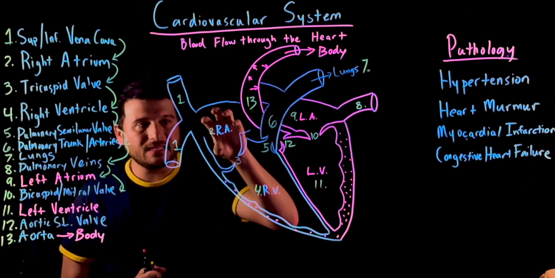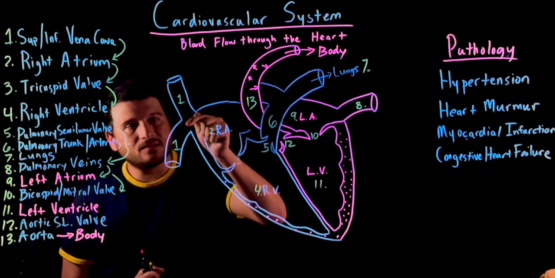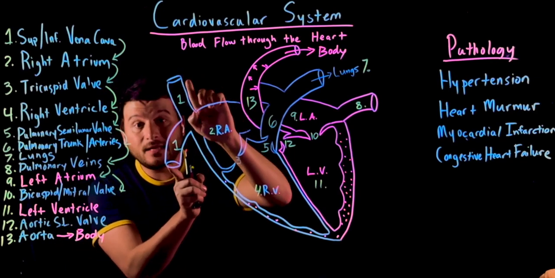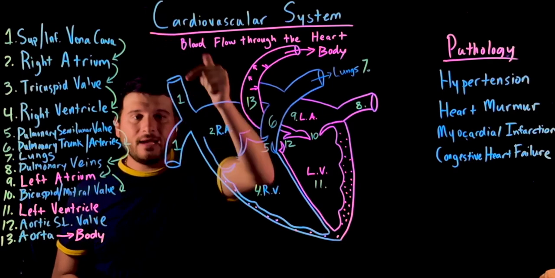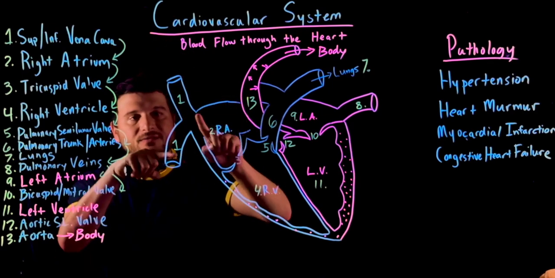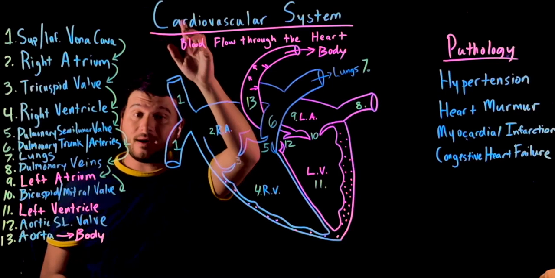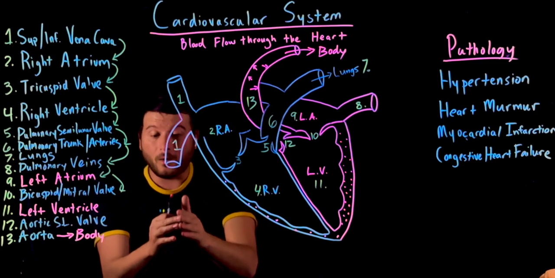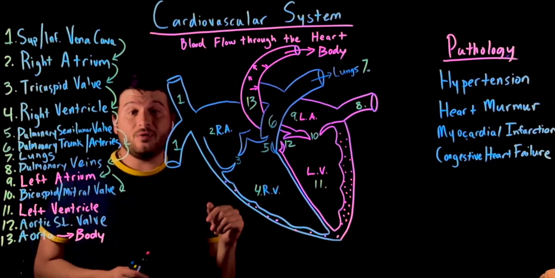So if it's getting stuck in these areas, it'll start to back up, causing congestion in these vena cavas, and then further down the line. And if you don't know, these vena cavas lead to the rest of the body. And if there's congestion in these vessels, there'll be congestion all above and below those vessels.